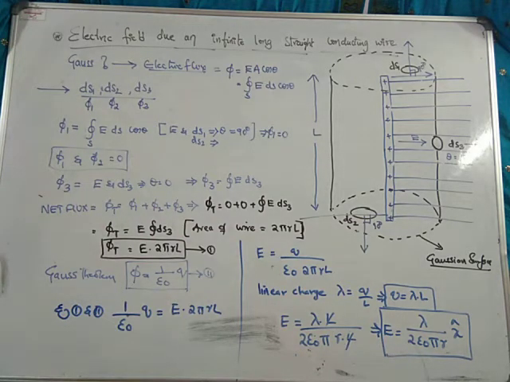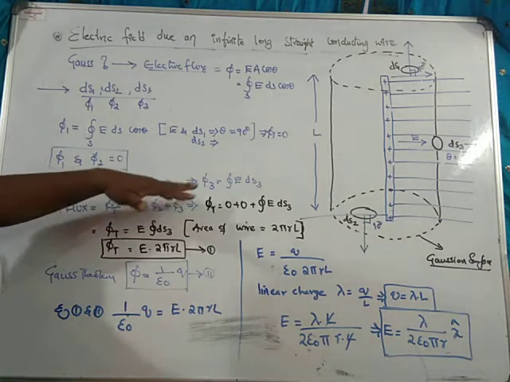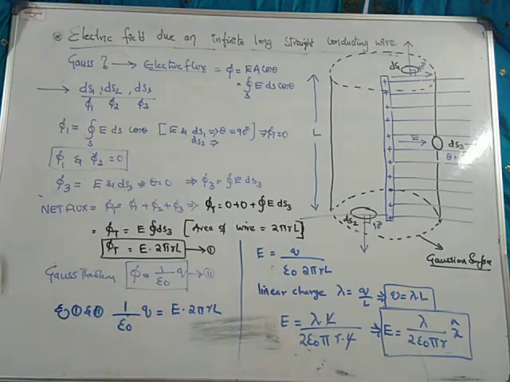Similarly, if you consider surface 2, the field lines are also perpendicular, that is 90 degrees. So flux 1 and flux 2 become 0. But if you consider surface 3, ds3 and the field lines are in the same direction, so theta is equal to 0. By substituting this theta value, we get the integral of E ds3.